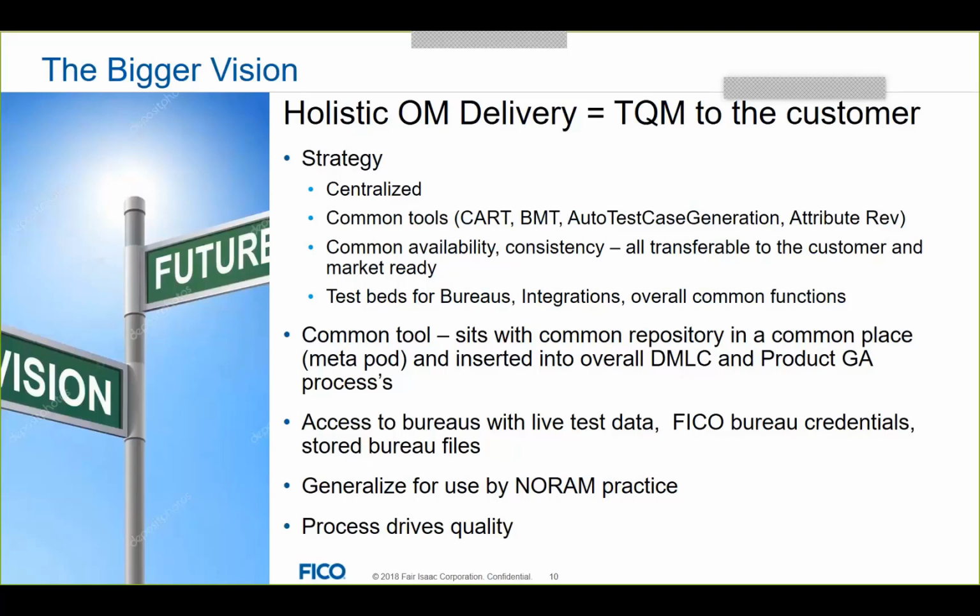We're currently trying to test out auto test case generation, and Gretchen's going to show a small snapshot of what we're doing with attribute reviews and testing around attributes. But again, common availability, consistency. We want to be able to transfer this to the customer, and it's got to be market ready. In other words, it has to make common sense to the client.